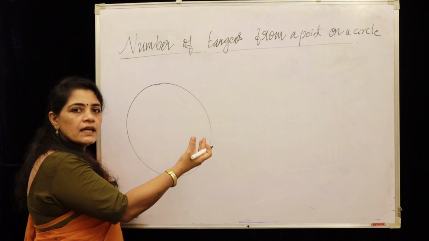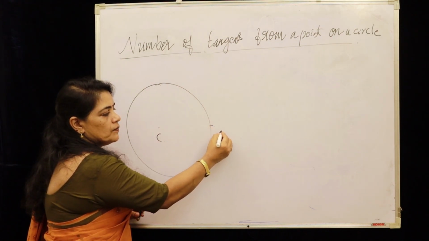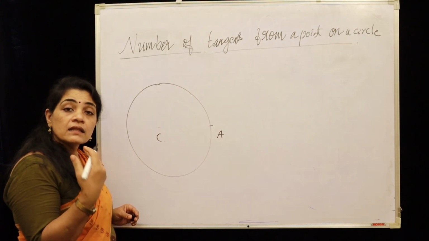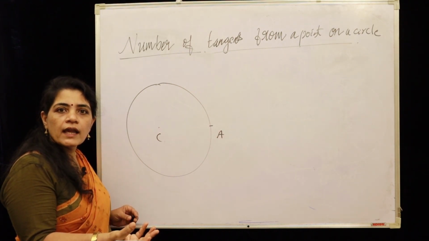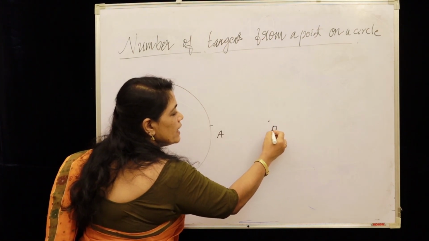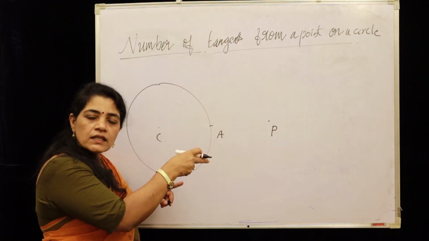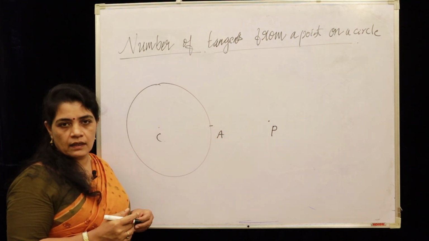In the second case, you can mark a point on the circle. And in the third case, you can mark a point in the exterior, lying outside the circle. Here: inside the circle, on the circle and outside the circle.